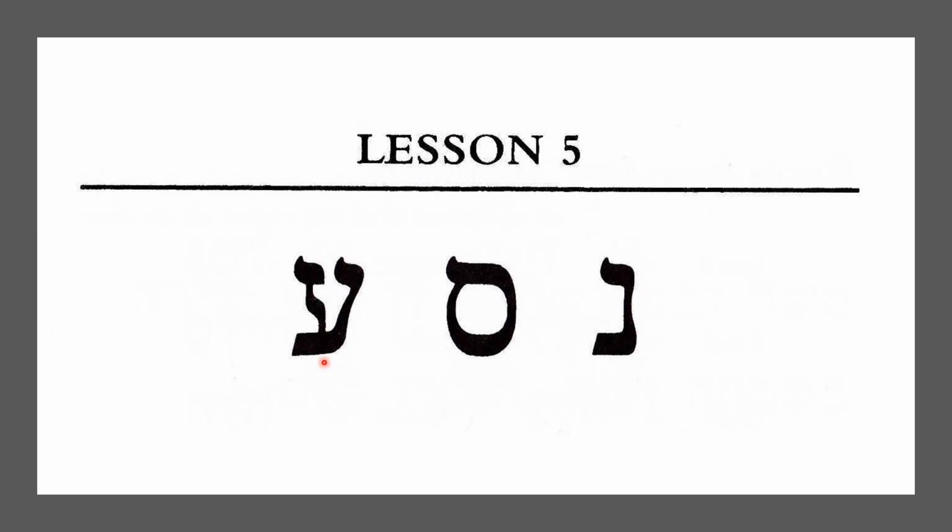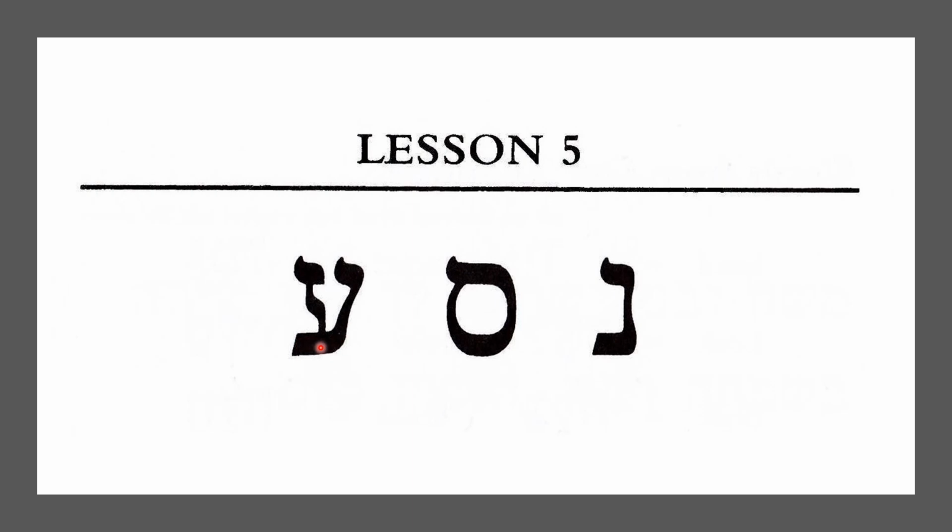And then the last letter we're learning today is the ayin. And the ayin is the second silent letter in the Hebrew alphabet. Remember, we had the Alef already. So just as with the Alef, when you see the ayin, you are not going to make any sound with it. You're just going to pronounce whatever vowels are underneath it. If there are no vowels, then you essentially ignore the letter.